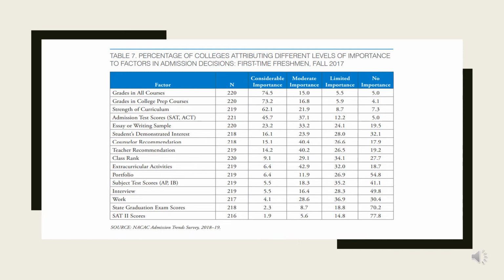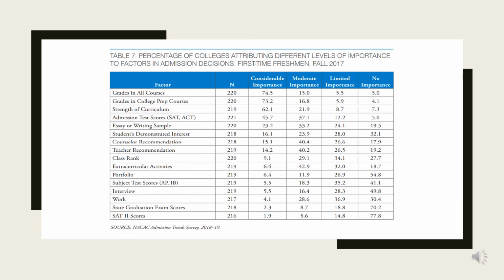While academic performance has remained the most important consideration for colleges, in recent years, specific changes in the top factors have become evident. For many years, grades in college prep courses had been rated as the top factor in admission decisions, followed by strength of curriculum, admissions test scores, and grades in all courses, overall GPA.